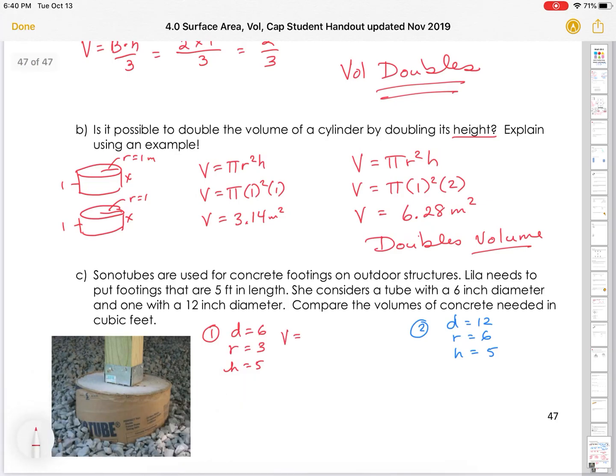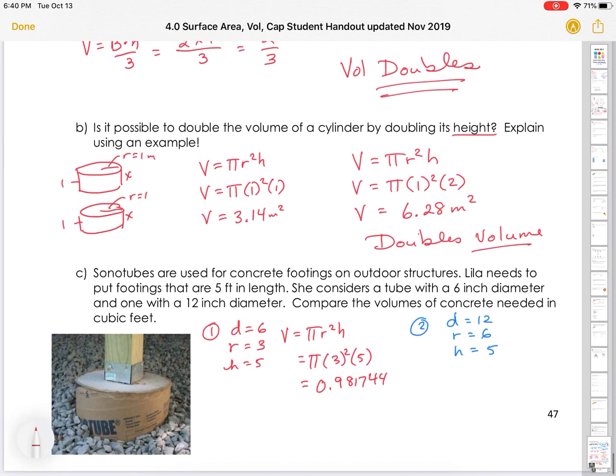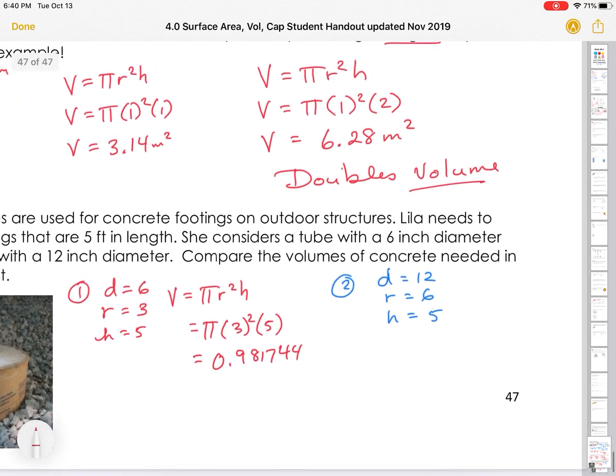First one, it's volume. Volume equals pi r squared h. So pi times 3 squared times 5, and we get as a value 0.98174.